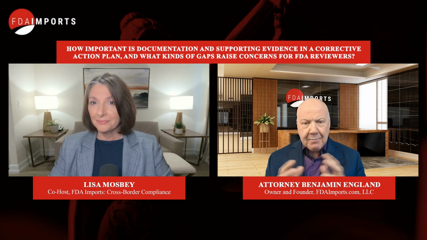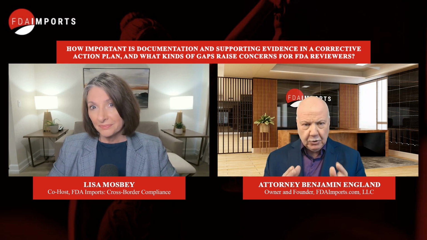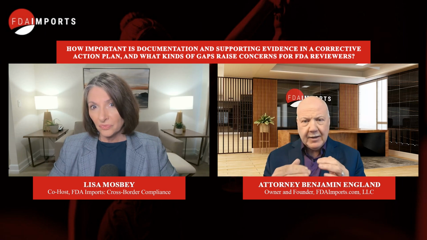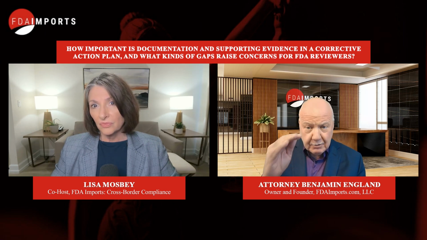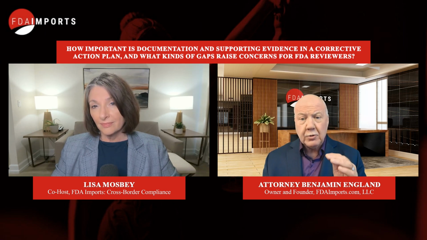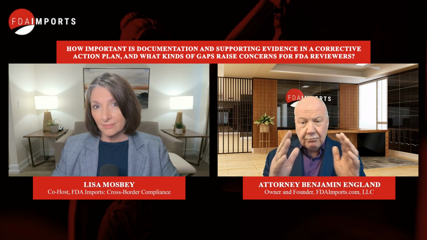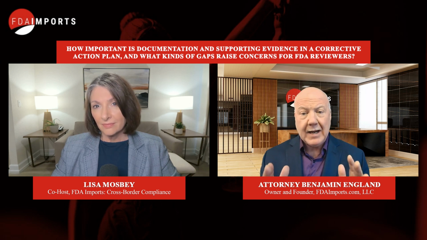So your CAPA, your RCA, your root cause analysis is a written document identifying all the different things that you looked at in order to investigate and find the cause. And then you isolate out what you think the cause is based upon that investigation. The CAPA is the description of the things you're going to do to address that root cause, and it's written into a document, an actual plan.